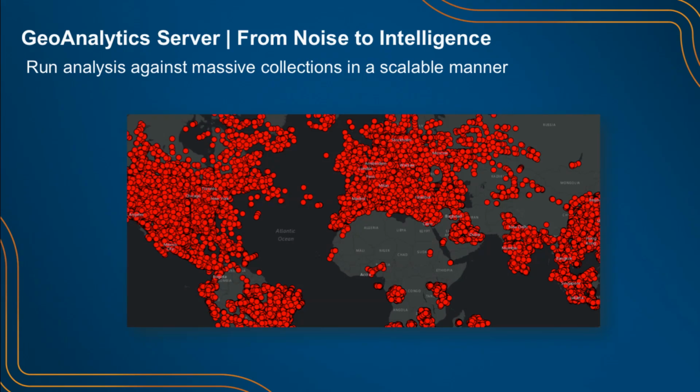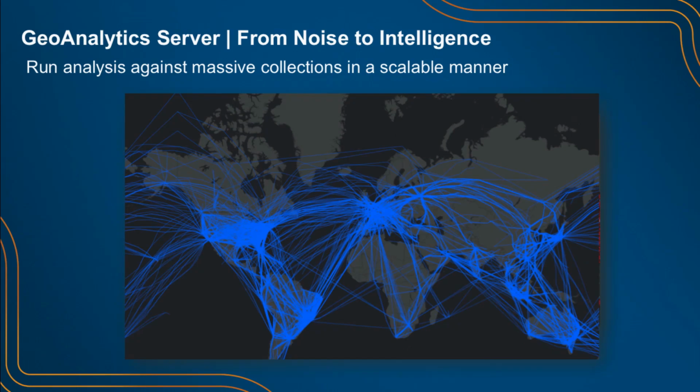Here is another example. These red dots represent flight data, millions of flight data points collected over a one week period of time. And we cannot make much sense by rendering these points on the map. By using the reconstruct tracks analysis tool available in GeoAnalytics, we are able to construct the tracks for individual flight paths.